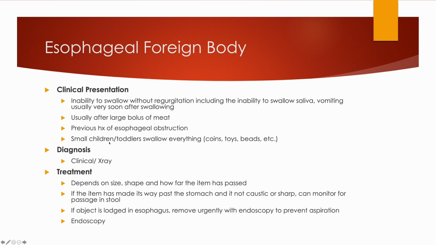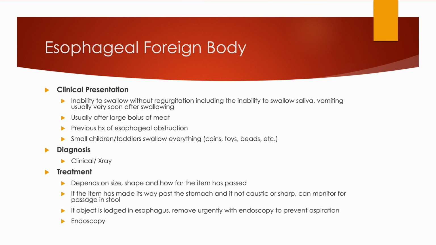And really what you have to be mindful of is, is it big enough to obstruct? Is it getting past the stomach? Or is it something sharp, pokey, or caustic like a battery? Diagnosis is made by x-ray or clinically, usually x-ray.